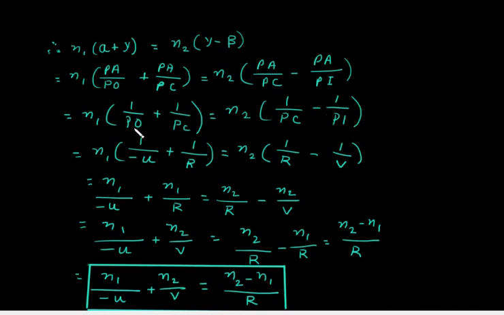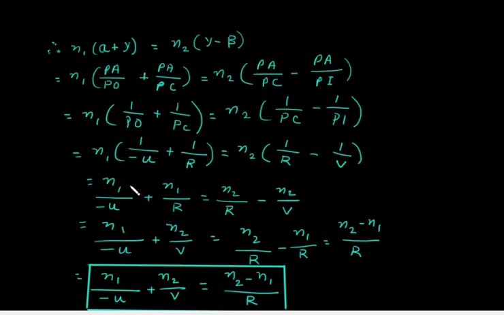PO is the distance of the object, PC is the radius of curvature, PI is the distance of the image. The distance of the object is measured in the opposite direction to the direction of the incident light. So this equation becomes N1 into 1 by negative U plus 1 by R is equal to N2 into 1 by R minus 1 by V.